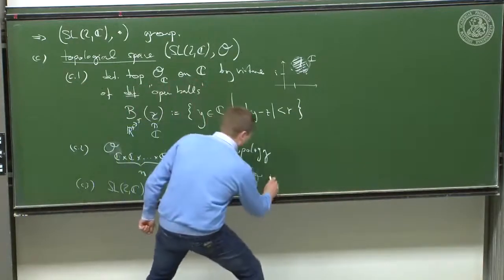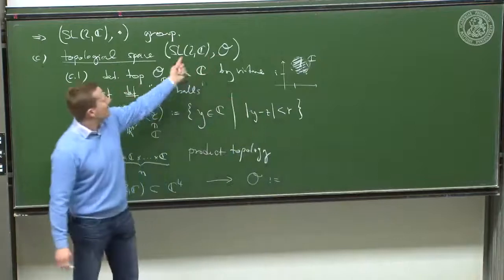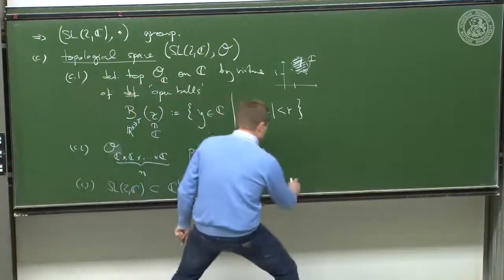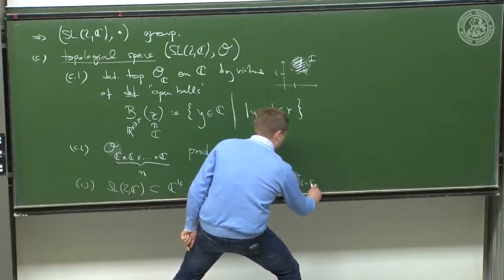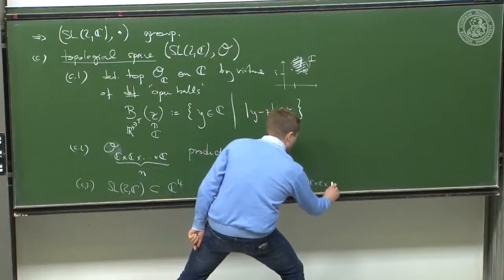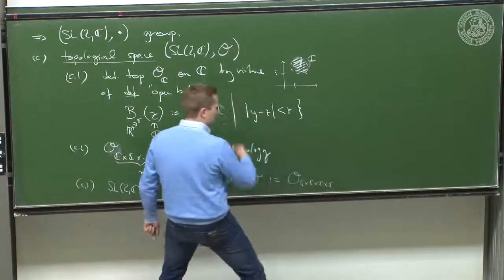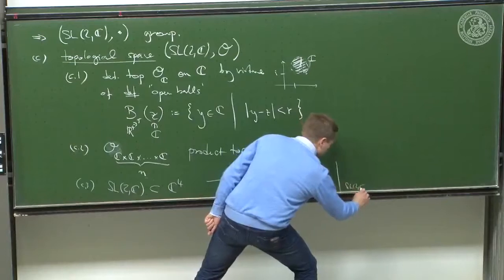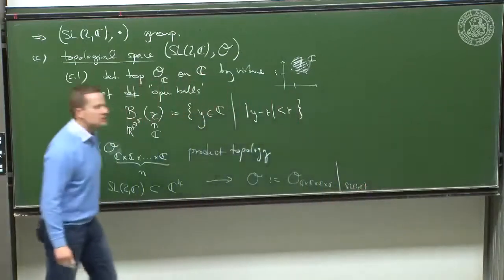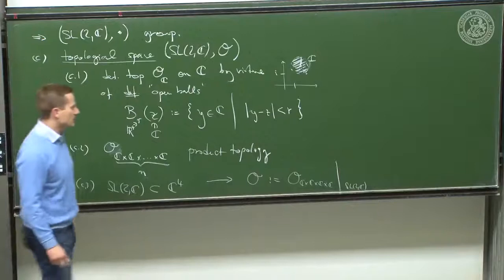So define this O by which we equip SL2C as follows: take the C4, the 4-fold Cartesian product, that is what we constructed here, and restrict it to SL2C. Remember, that was the induced subset topology.